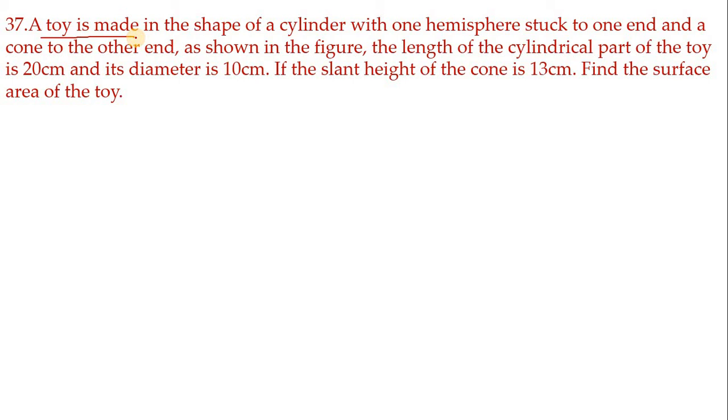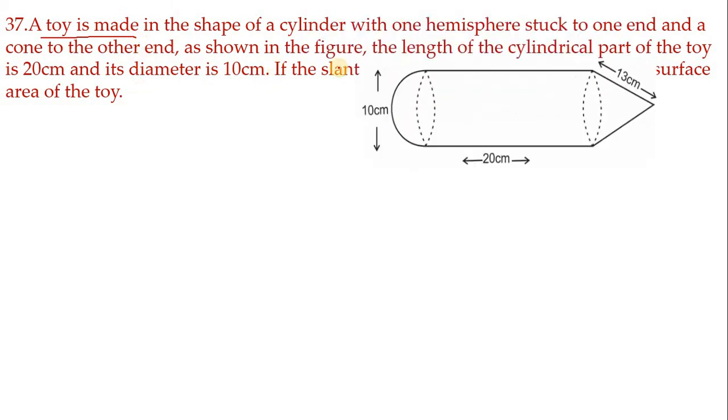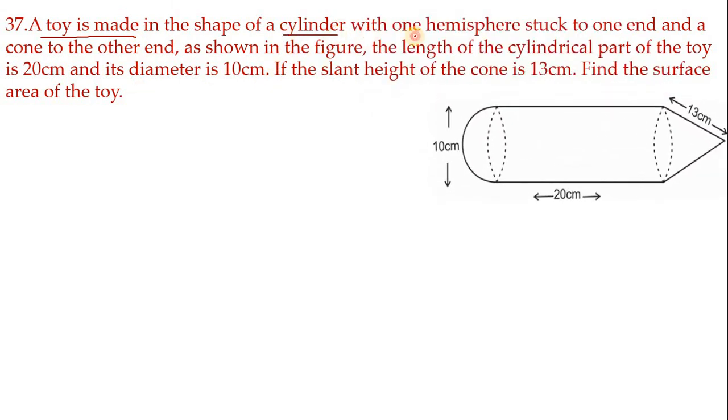A toy is made in the shape of a cylinder with one hemisphere stuck to one end and a cone to the other end, as shown in the figure. There is a toy in the shape of a cylinder, from here to here.